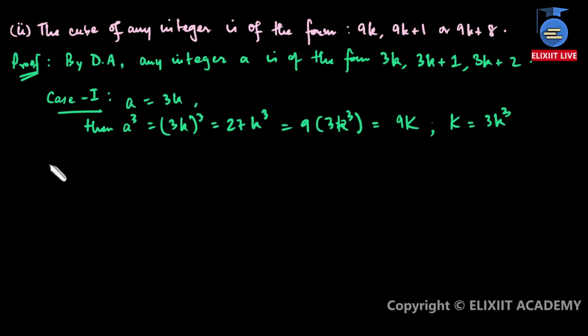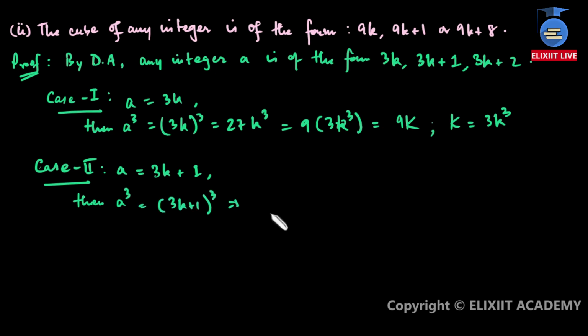Similarly, we see case 2. Case 2 says if a is equal to 3k plus 1, then a cube is 3k plus 1 whole cube. Breaking this using the a plus b whole cube formula, this turns out to be 27k cube plus 27k square plus 9k plus 1.